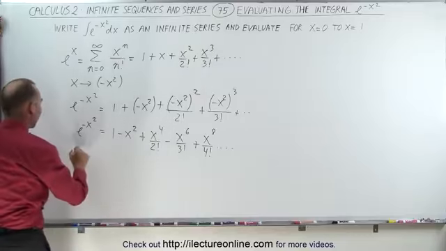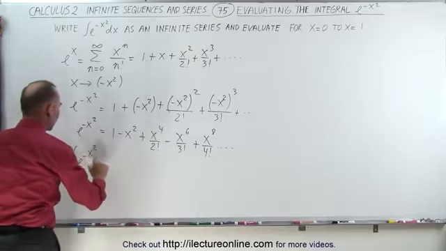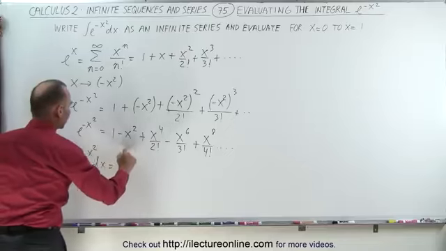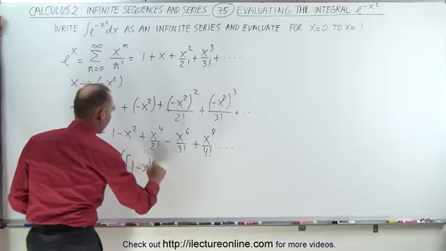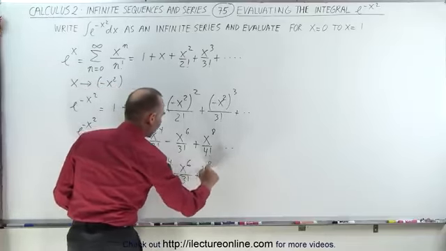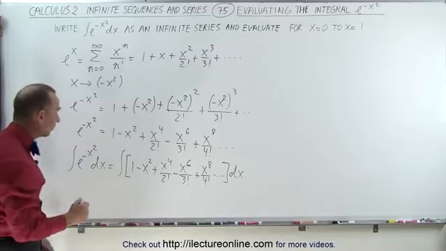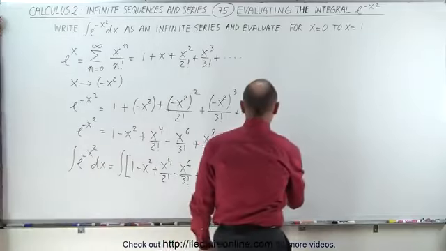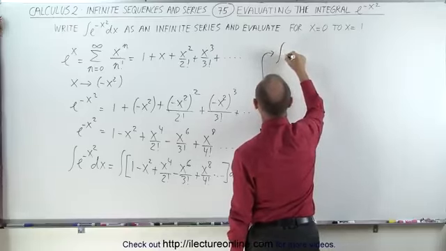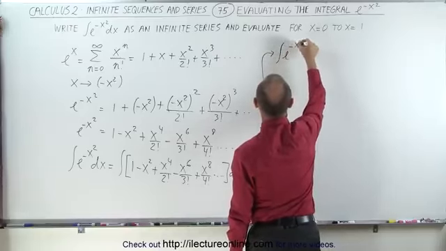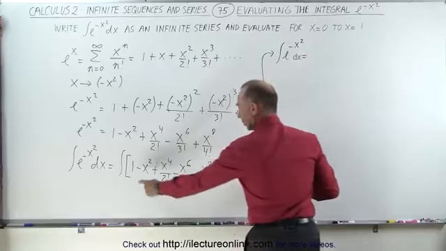And so that means that the integral of e to the minus x squared dx is equal to the integral of 1 minus x squared dx, and so on. So let's go ahead and integrate that and see what we end up with. So coming over here, we can now say that the integral of e to the minus x squared is equal to the integral over here.